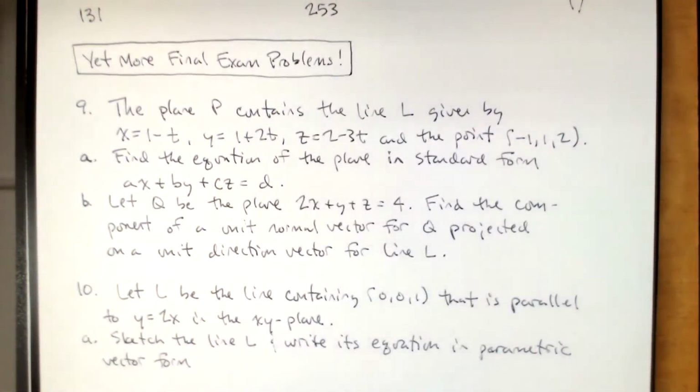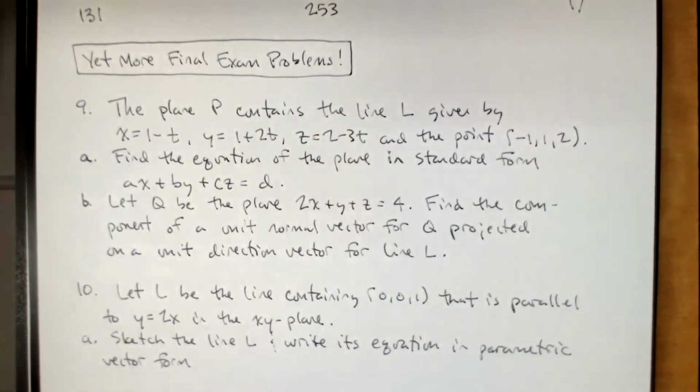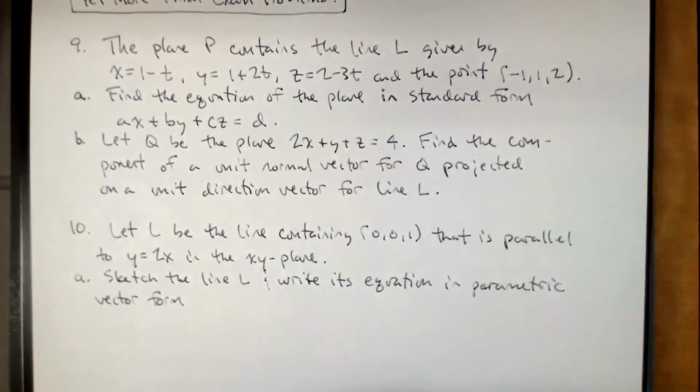Start by sketching a line and writing its equation in parametric vector form. This will give me an idea that you understand what's going on in the description. Line containing point (0, 0, 1) parallel to y equals 2x in the xy plane. You should probably also draw the line y equals 2x in the xy plane.